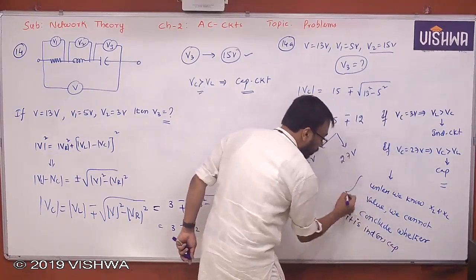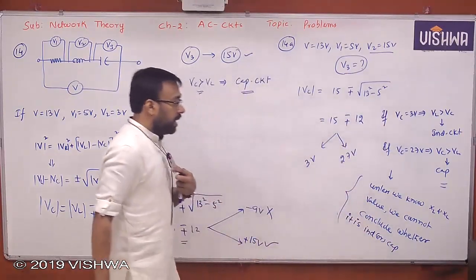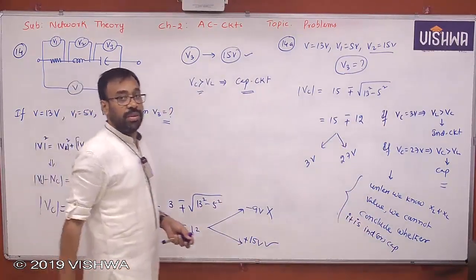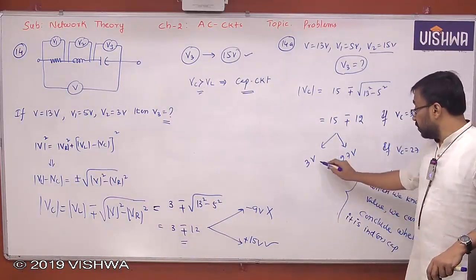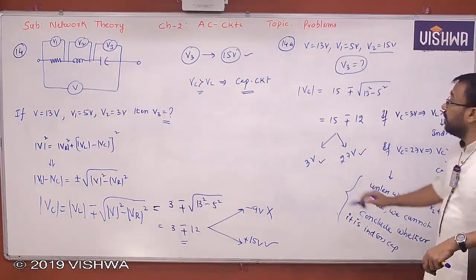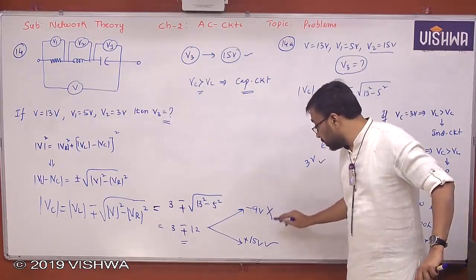Yes or no, all of you? In such cases, definitely XL and XC values are required. Otherwise I do not know, because there are two possible values, both positive. Therefore, both are possible.